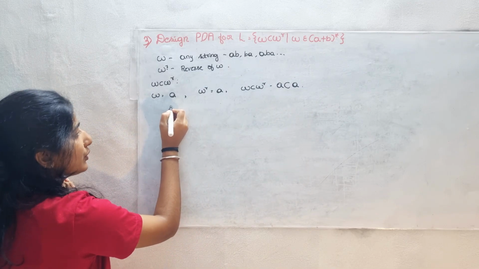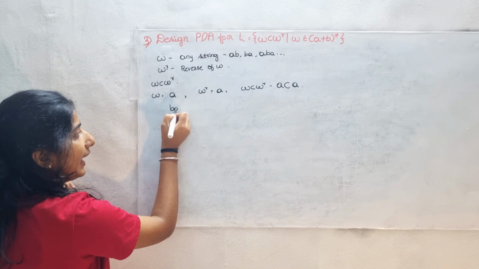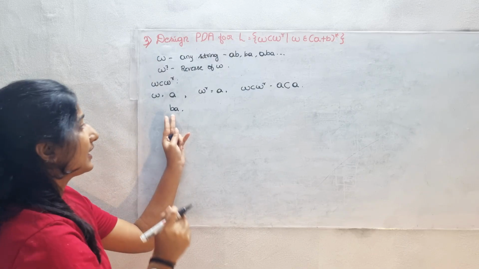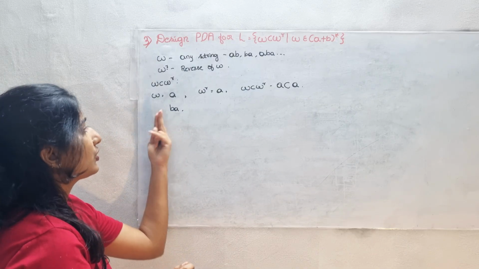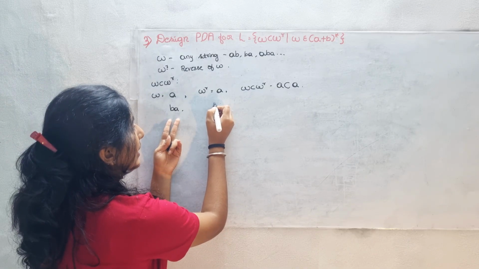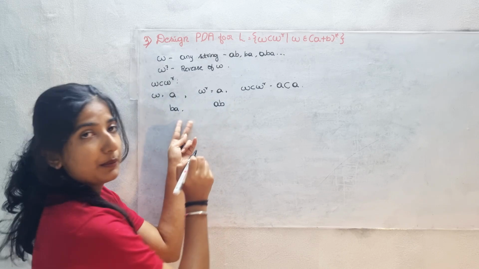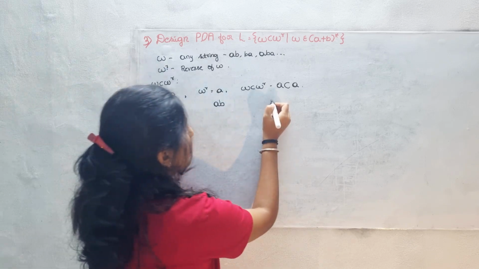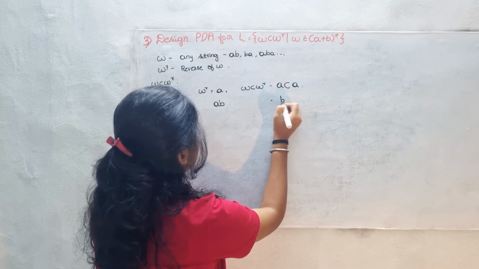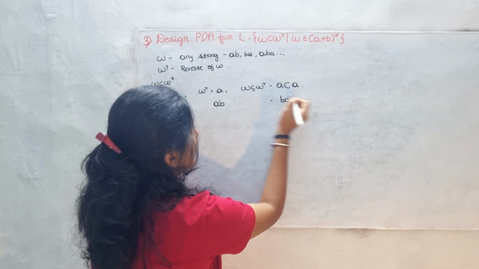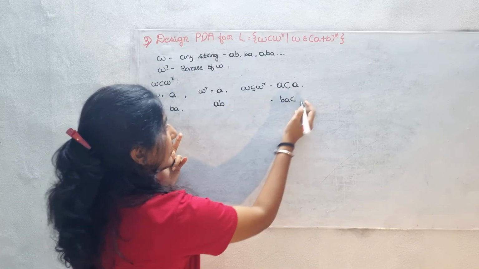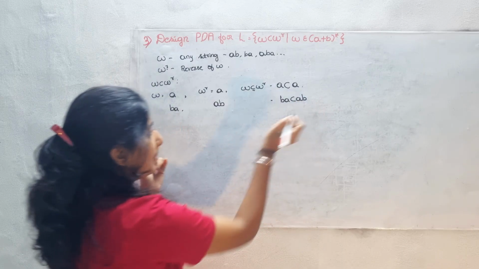So if w equals ba, wᴿ will be the reverse of w, which means it will be ab. ba reversed is ab. So wcwᴿ will be ba, c, and then this one reversed, ab.